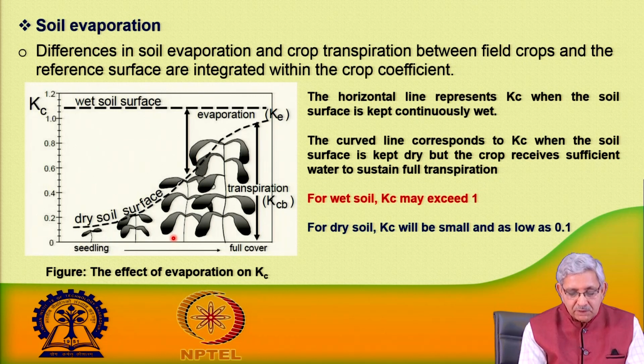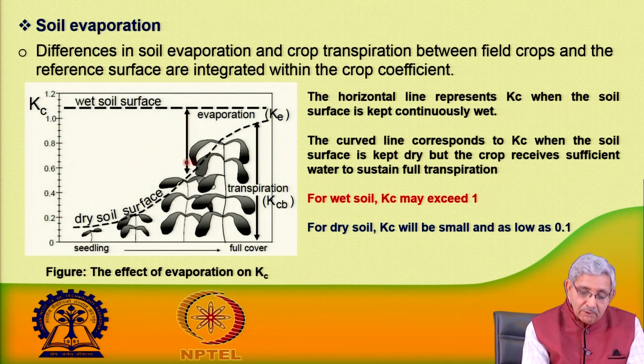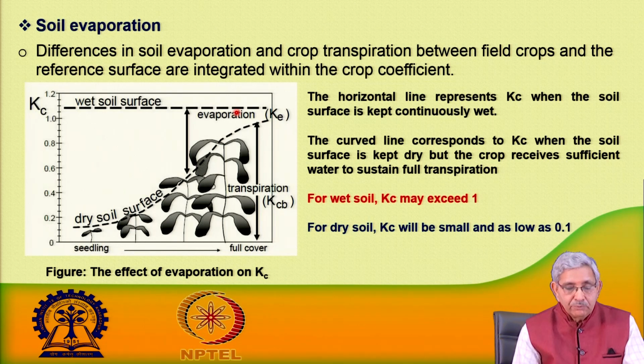Then transpiration of the crop is more dominant, which we call the basal crop coefficient, where transpiration is dominant. The value of the soil evaporation coefficient at the beginning stage is more. This is one case when dry soil exists, a dry condition of the soil surface, and this is the wet surface, when enough moisture is maintained or irrigation is being given.